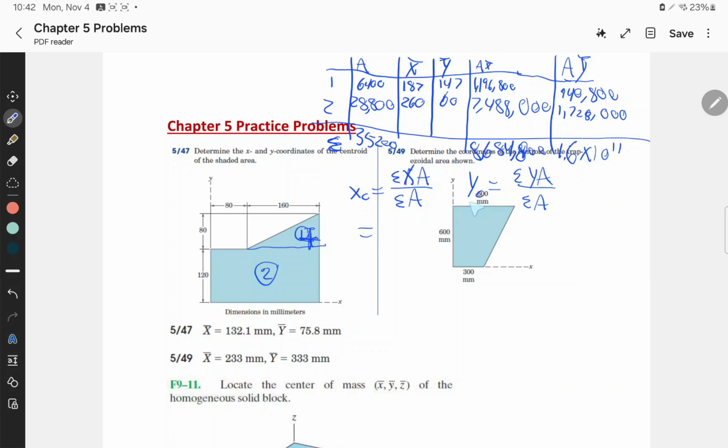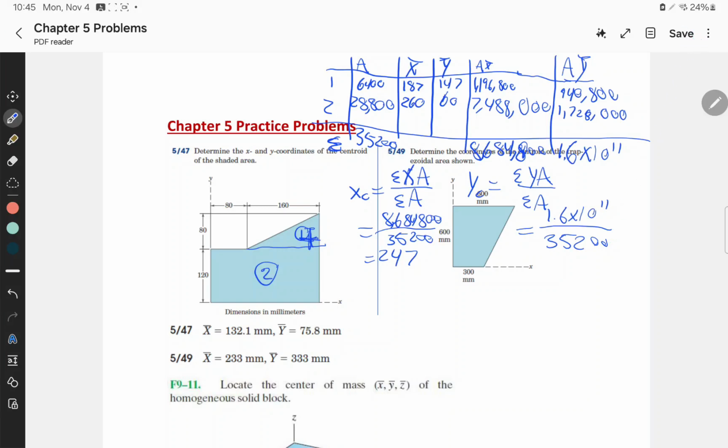Then I'm going to do this on the side: you'd get 8,684 divided by that, and that's approximately 247 for the x coordinate. And for this one, it's going to be 1.6 times 10 to the power of 11 over that.